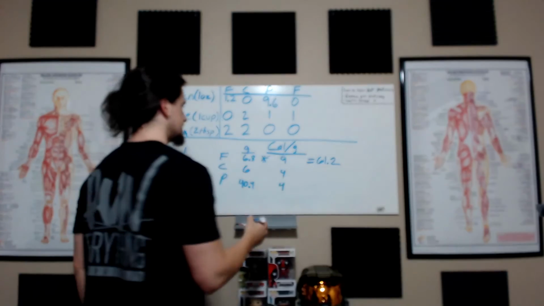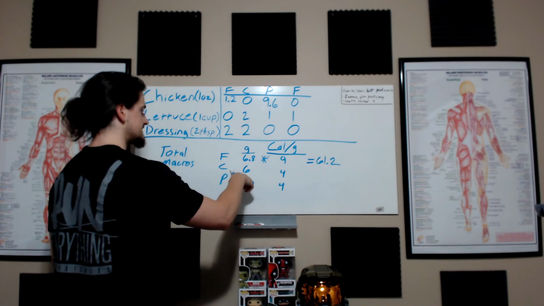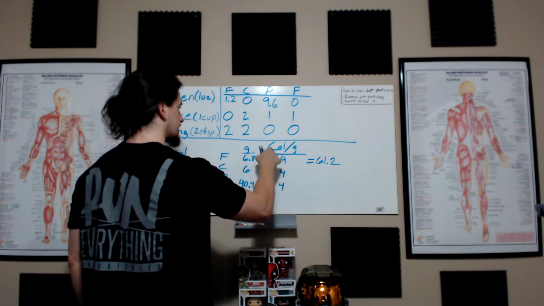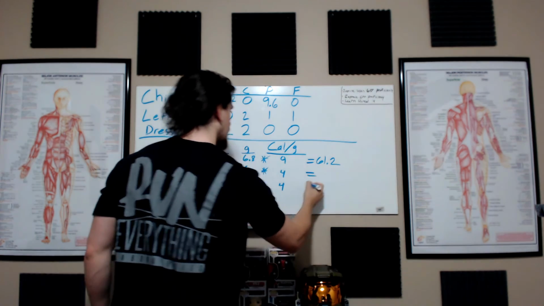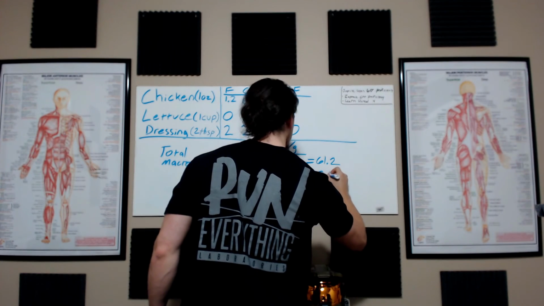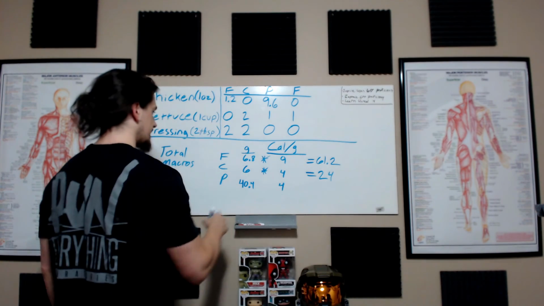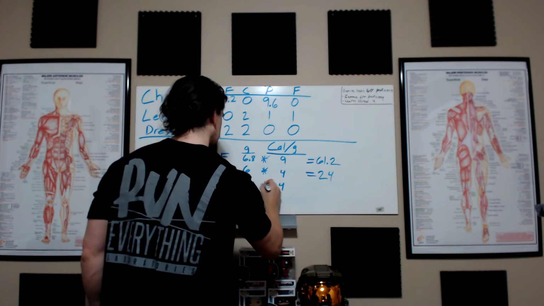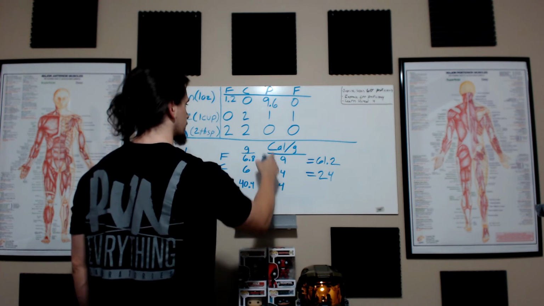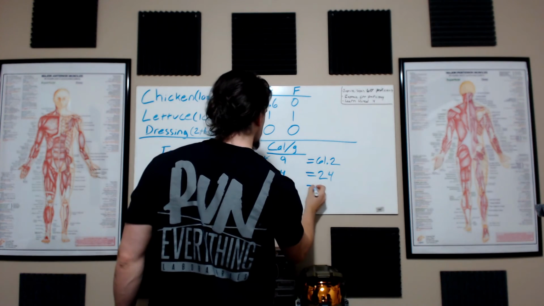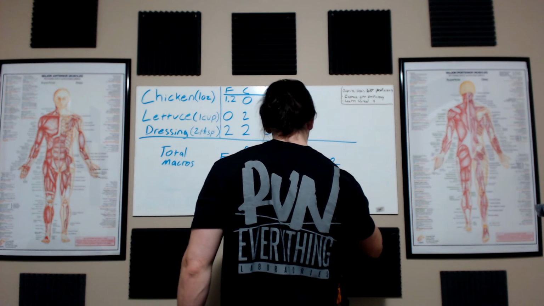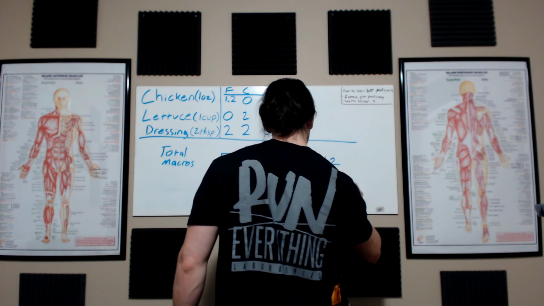61.2 calories. And then we have 6 grams of carbs times 4 calories per gram, which comes out to be 24. And then we have 40.4 grams of protein times 4 calories per gram, and that comes out to be 161.6.